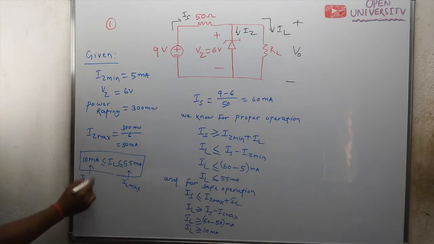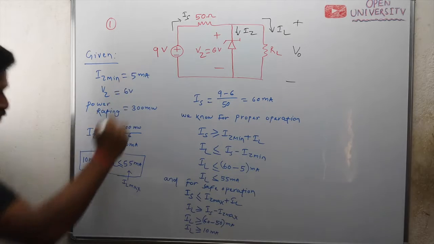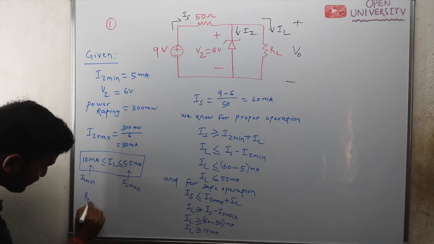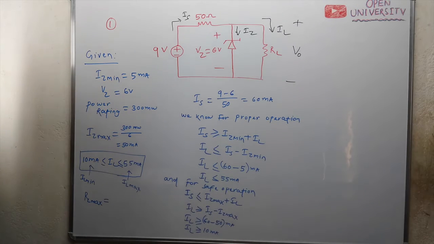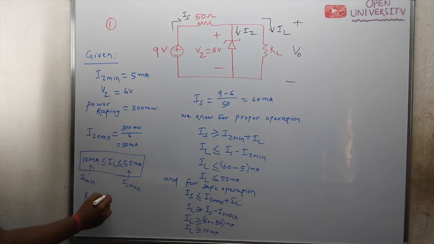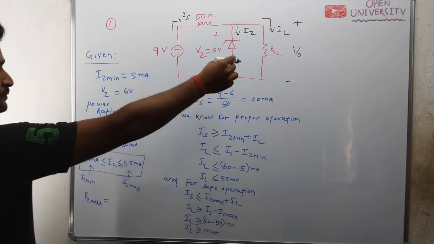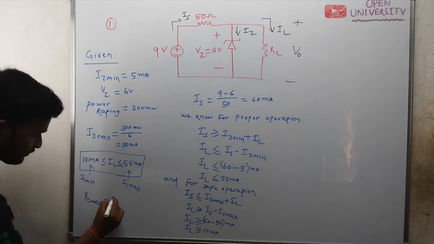When load current is minimum, the load resistance will be maximum. So the maximum value of RL will be V naught by IL min.